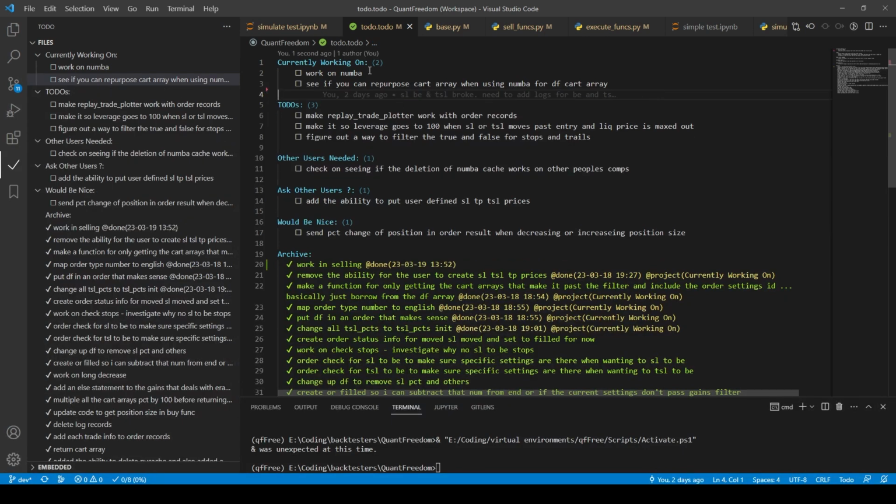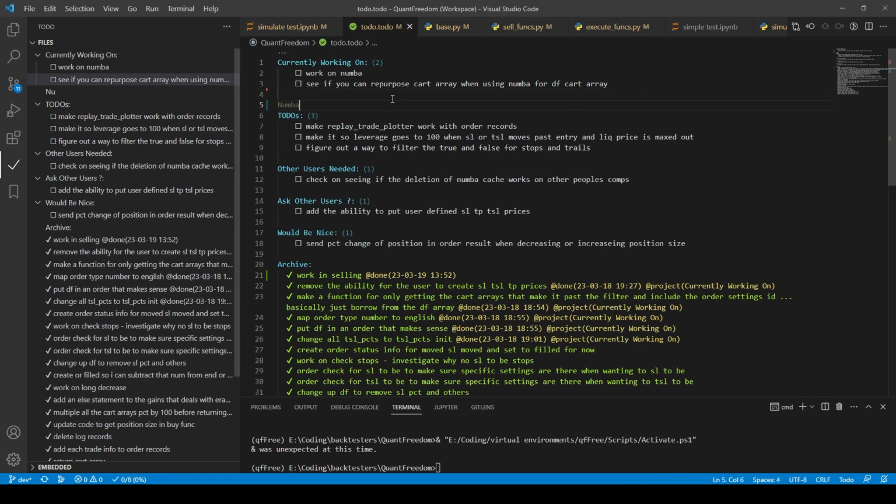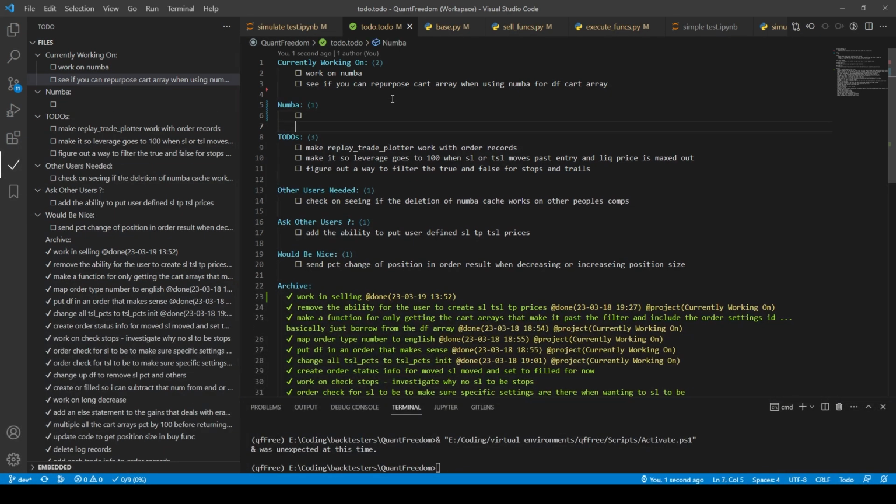Work on number... I feel like I need to just make a non-double for loop of cart array.